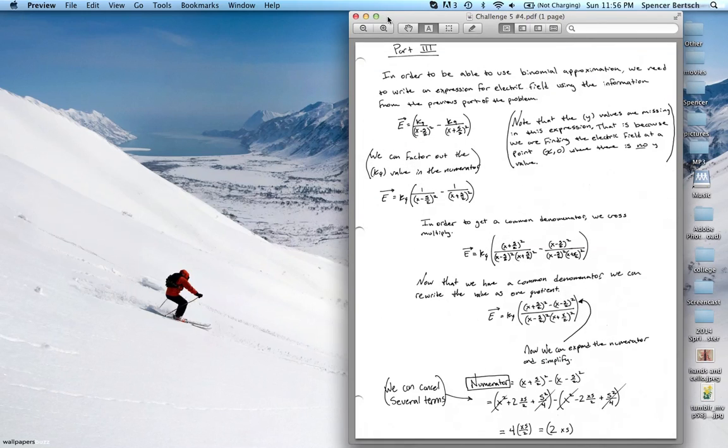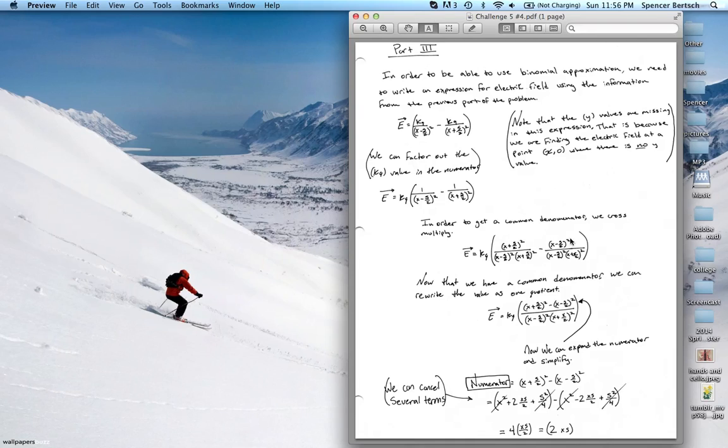Okay, so part 3 was a little bit trickier, but basically what we had to do in part 3 was use the information from the previous parts to write an expression in binomial approximation so that we could simplify it down. And it's talking about having a point on the x-axis that's really, really far away from the dipole. So it says that x, the distance x, is much, much greater than the distance s.